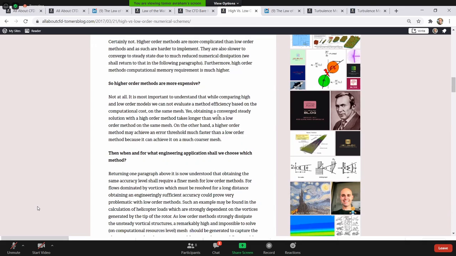Higher order discretization also doesn't have to be more expensive, because you can then use a larger mesh. I mean, you don't have to have the mesh as refined.